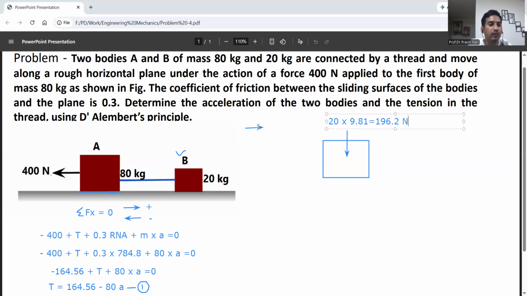Then it is in contact here, so just remove this contact surface and draw the normal reaction, that is RB.